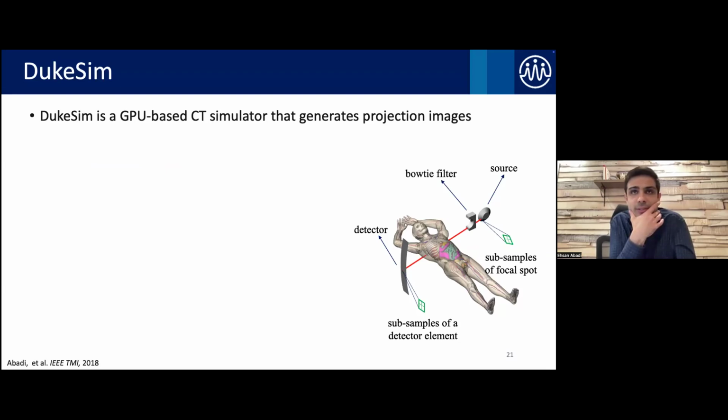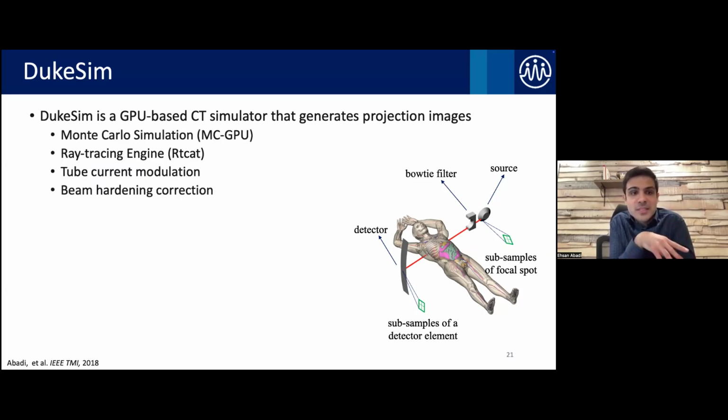One of the CT simulators that we have developed recently is called DukeSim. It's a GPU-based CT simulator. Essentially, it generates CT projection data. It has a Monte Carlo module that gives you the scatter and dose estimations. There's a ray tracing engine, which gives you the primary signal. I won't go into the details, though.